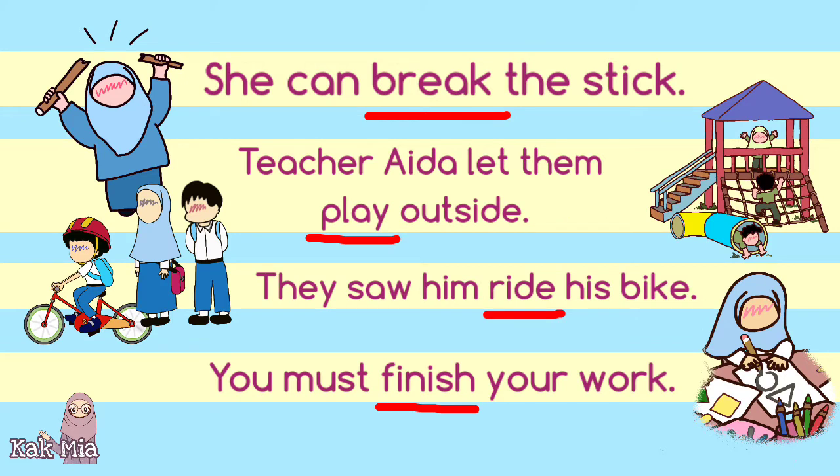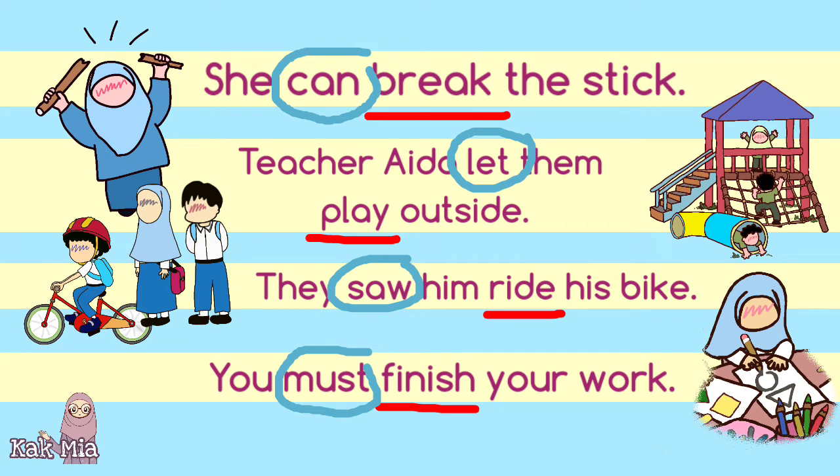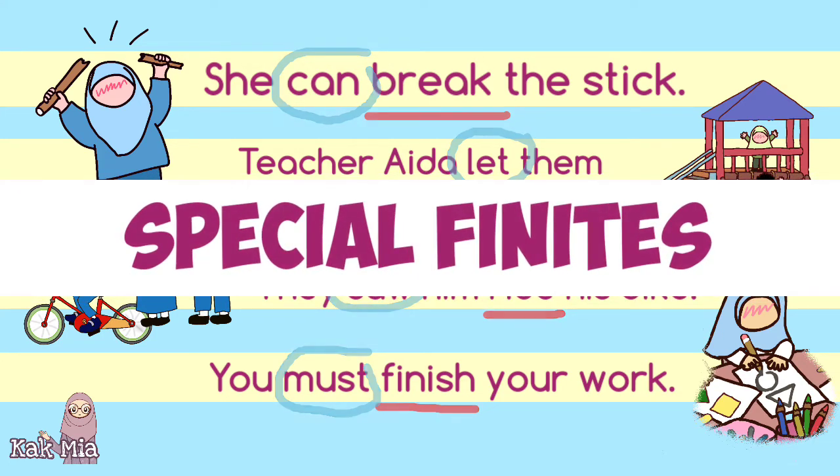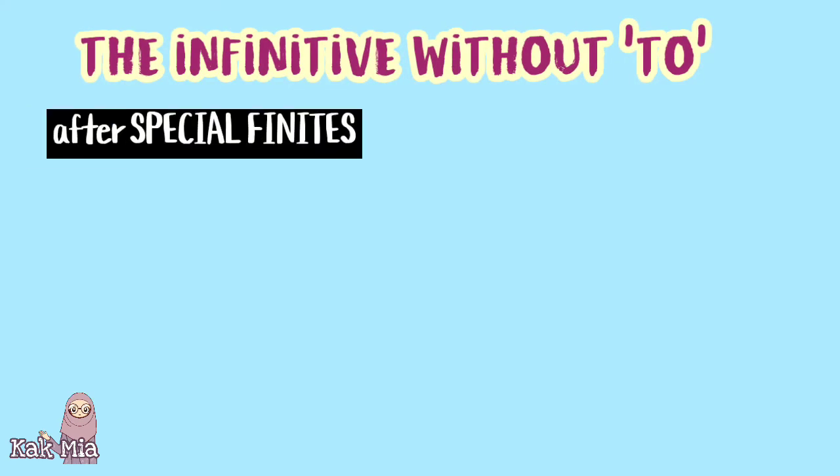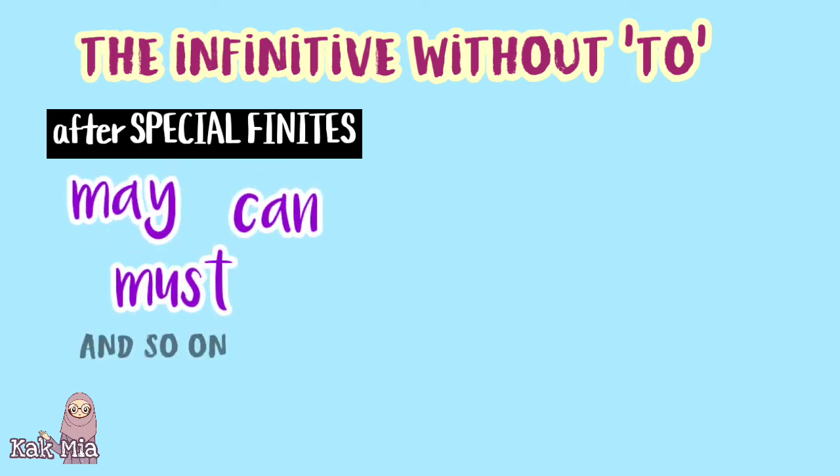What are the words used with these infinitives? They are can, let, saw, and must. They are called special finites. The infinitive without to may be used after special finites such as may, can, must, and so on.